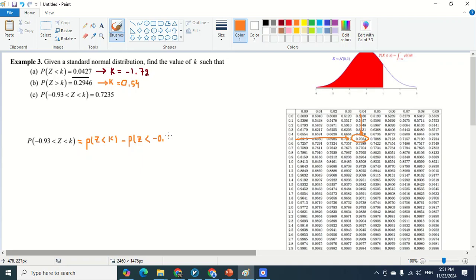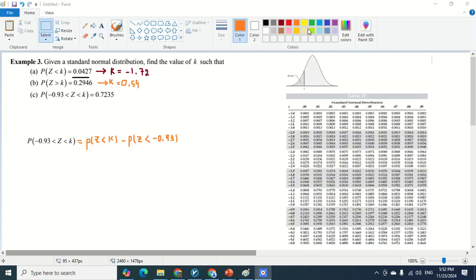0.93. However, it's a negative value and you should look at the negative part. You can calculate it for the positive part as well. It doesn't matter that it's negative, you can use the positive table as well. But over here, let us take a look at the negative table. Here I just put the negative table. Let us look at the value for z less than minus 0.93.